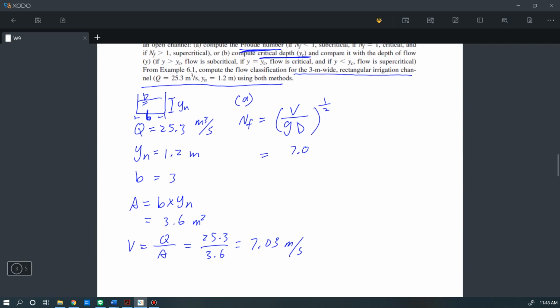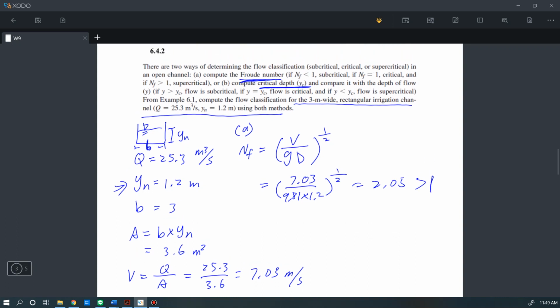This is 7.03 divided by the square root of g, which is 9.81, times D, the depth, which is yn, 1.2 meter, to the power of 1 over 2. Then we will get the flow number equal to 2.05, and it's greater than 1. So from the problem here, it tells us if the flow number is greater than 1, then this flow is supercritical.